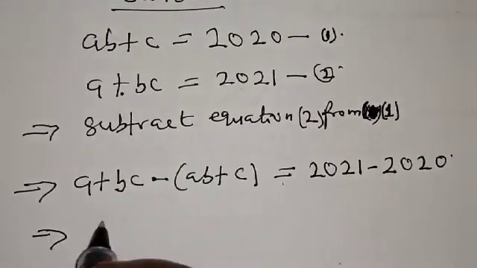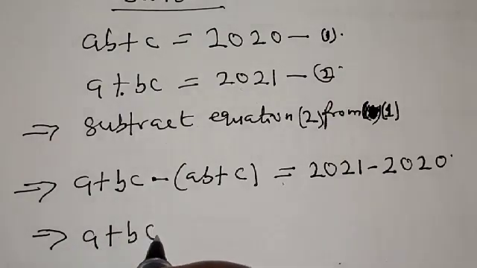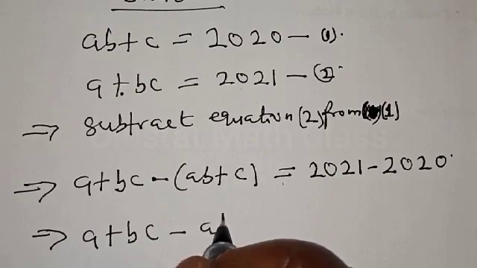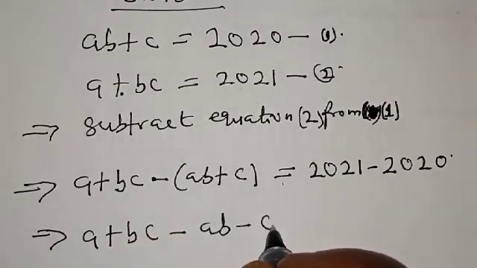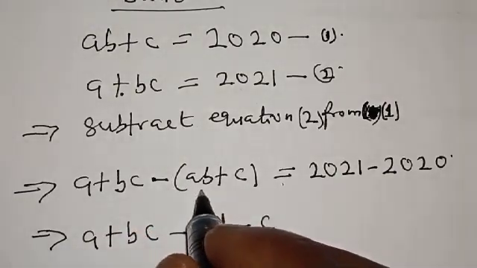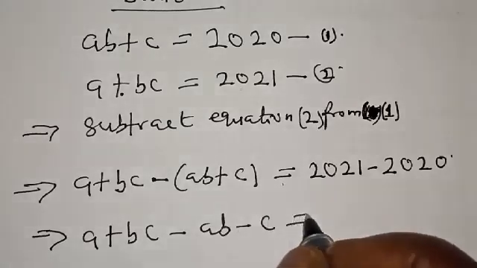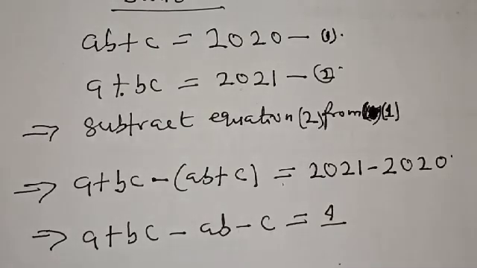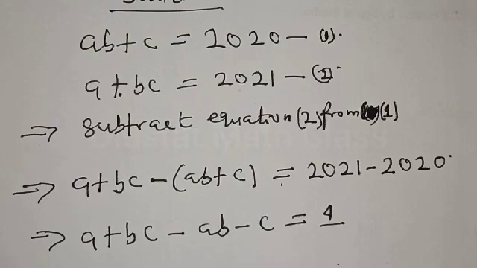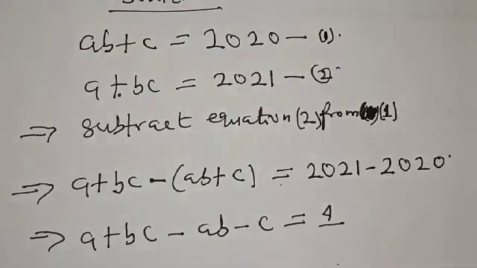This implies that we have A plus BC minus AB minus C, that is, I'm opening the bracket with this minus, will be equal to 1. 2021 minus 2020 is equal to 1.